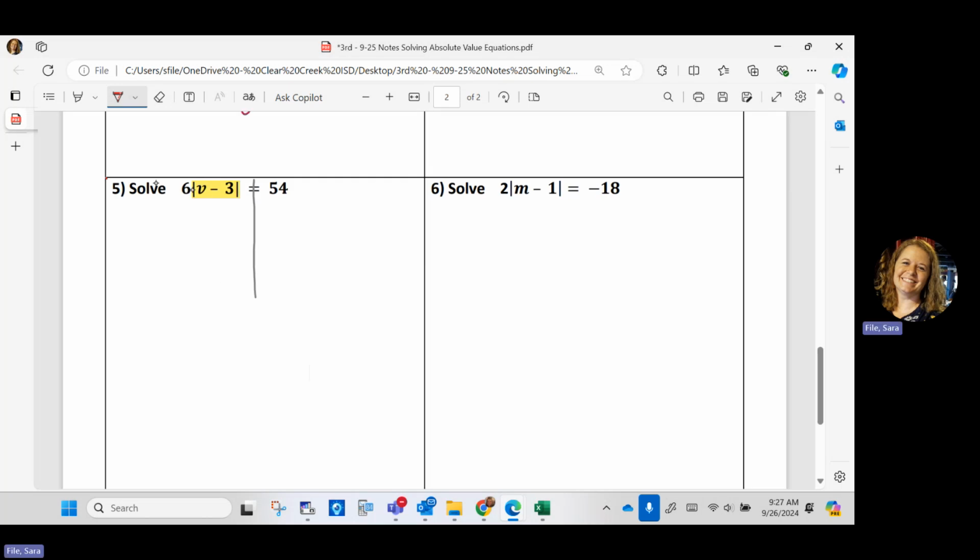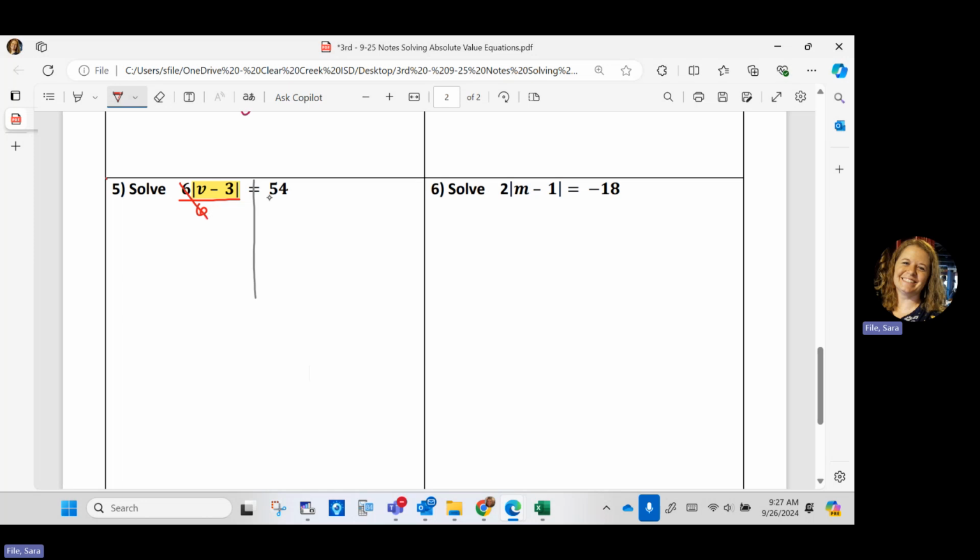When it's up against that, it's multiplication. Just if it's up against a parenthesis. So that 6 is being multiplied. So how am I going to move it? What's the opposite operation of multiply? Okay, so I'm going to divide by 6 so that it eliminates on the left.